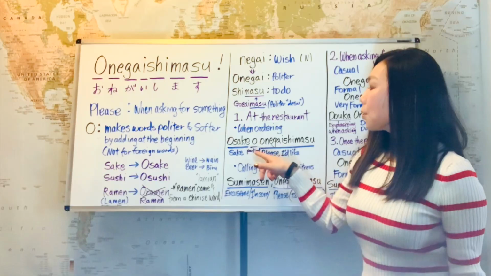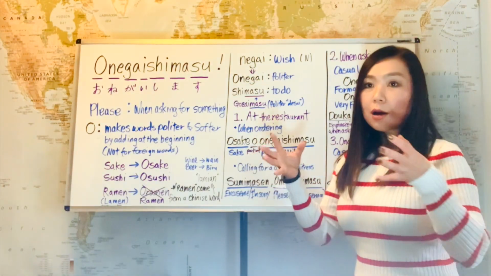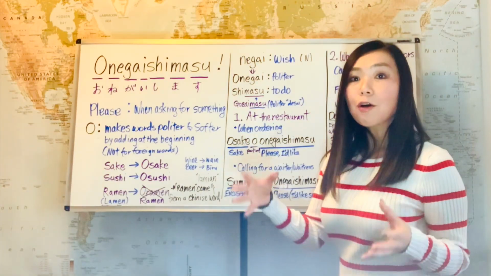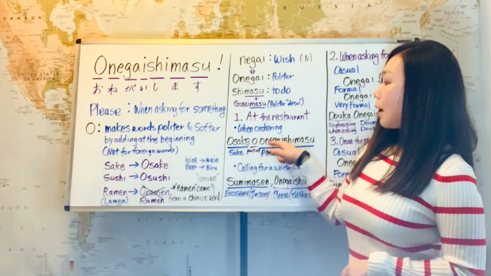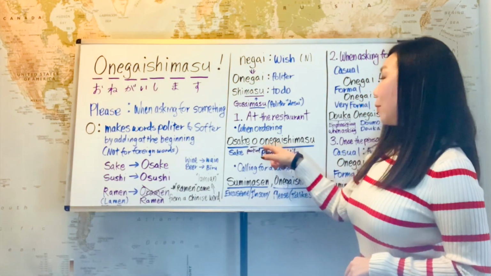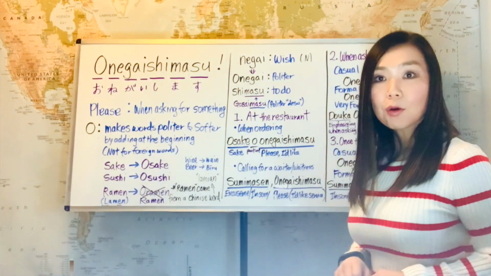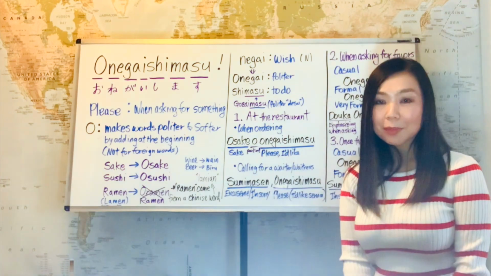So you can remember using o if you want to add some words or a noun, particularly with onegaishimasu. You see, double o, right? So that's how you can remember. O onegaishimasu. So if you want to order sushi, you say osushi o onegaishimasu.